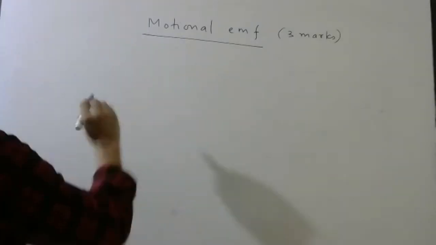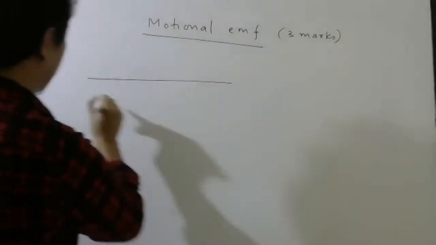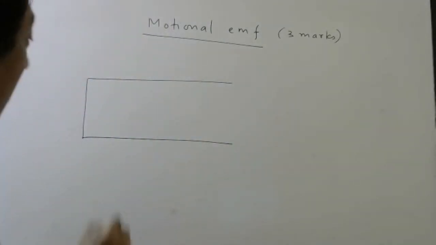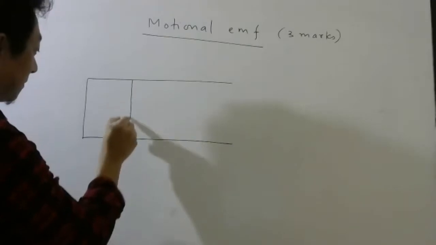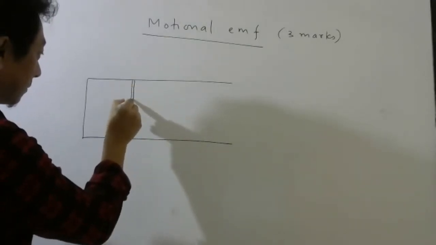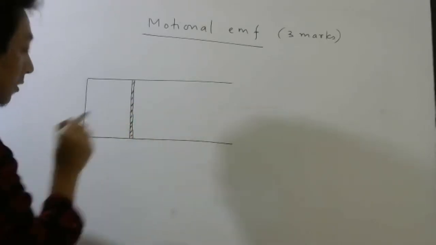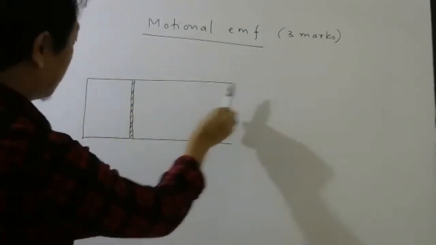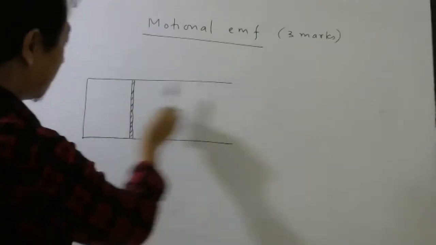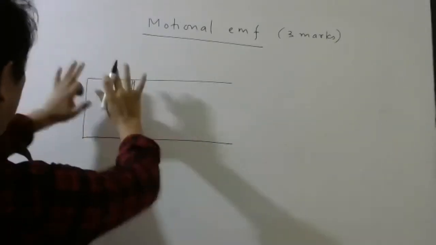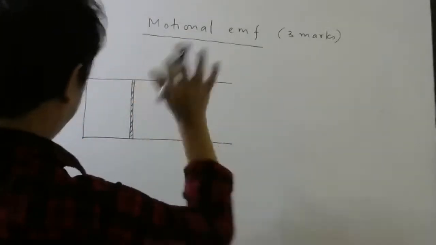Okay. So what we will do is, we will take a rectangular frame like this, and we will put a slider here. This is a slider. So you can move this slider this way. Okay, students? Now let us apply a constant magnetic field this way.